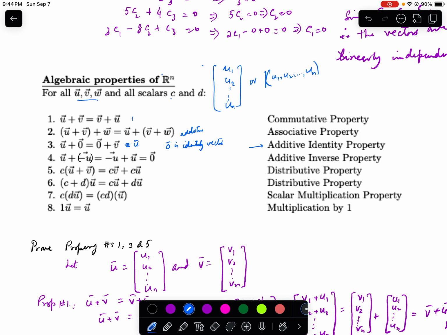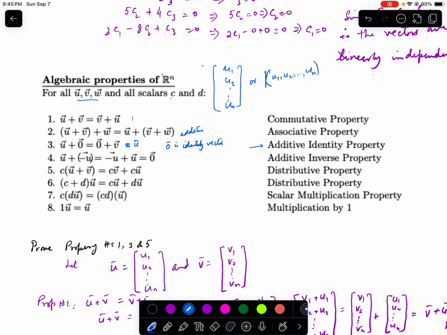Fourth property, u plus negative u is equal to negative u plus u, and it gives you the zero vector. So this is called the additive inverse property.